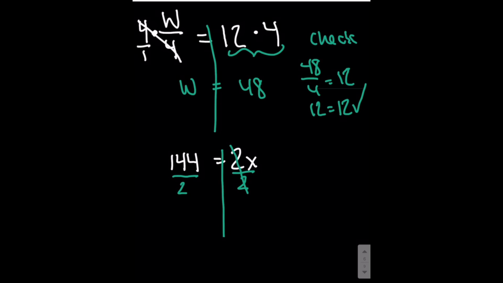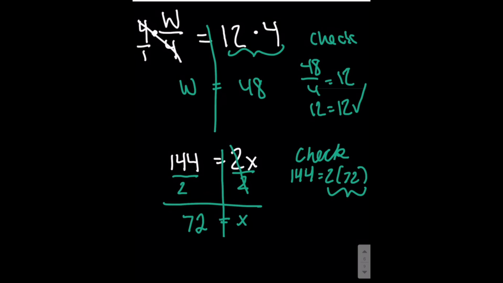When I divide both sides by 2, I'm just left with 72. I can check over here. For that, I would just say 144 equals 2 times 72. And I put this in the calculator, or you can just calculate in your head. I do get 144, and that is right.